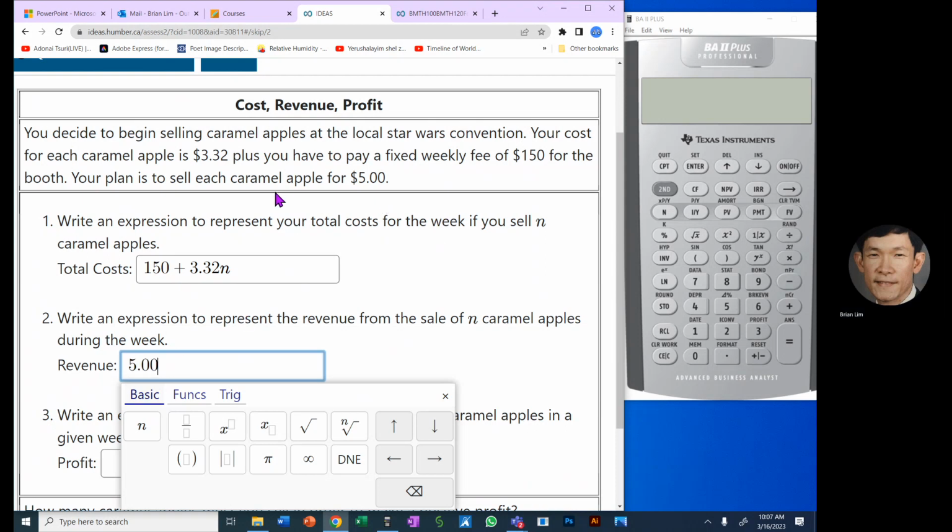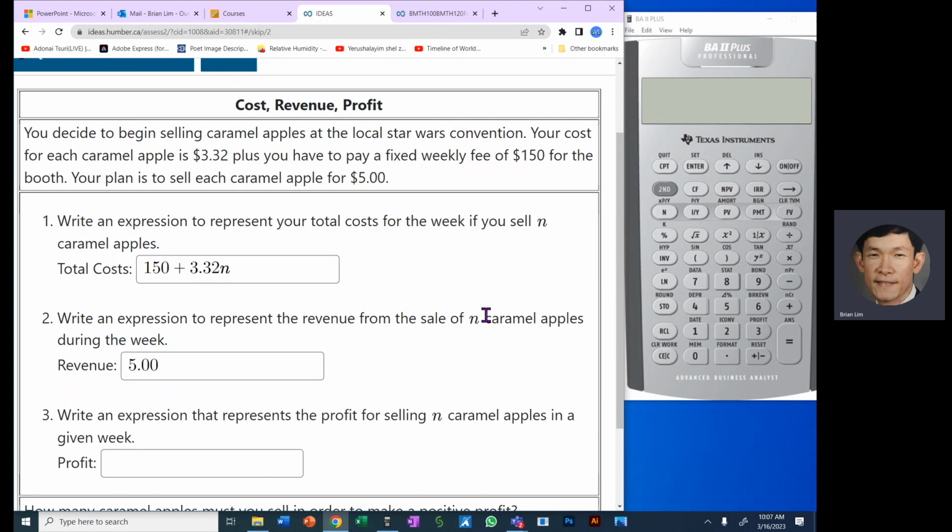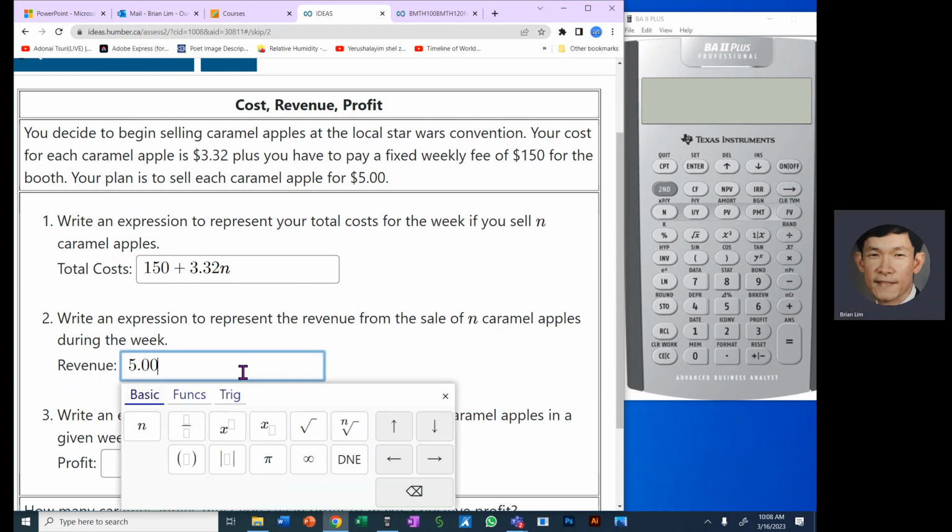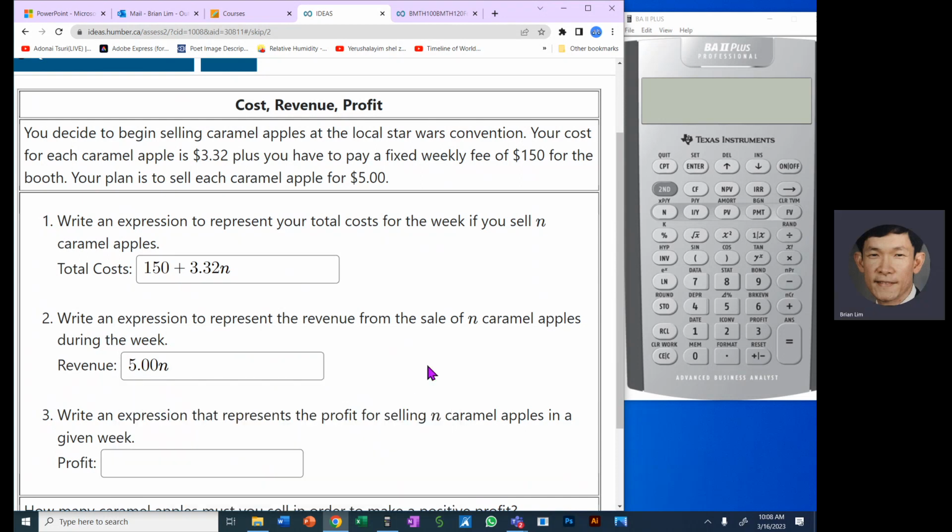And if n caramel apples are sold, then we will take the 5 and multiply it by n. And there we are, 5.00n. So that is for the revenue.